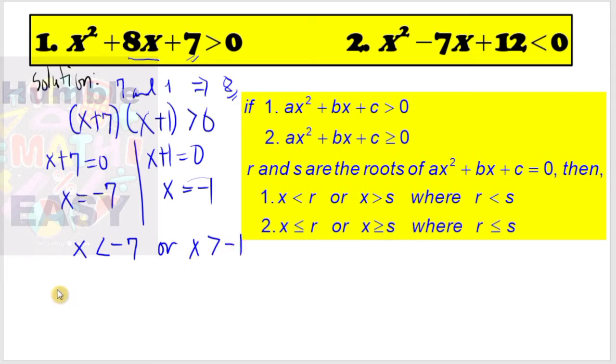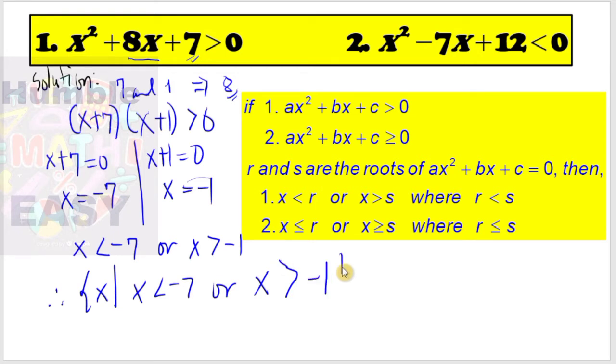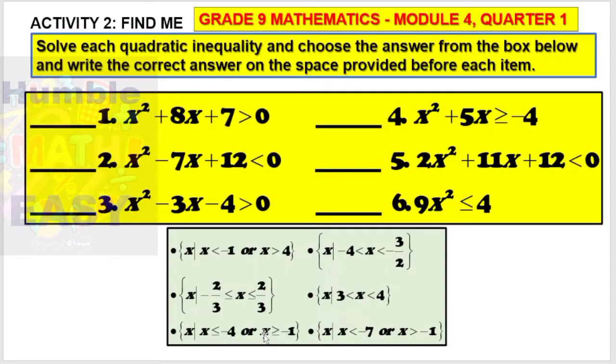So we could say further that this is the set of all x such that x is less than negative 7, or x is greater than negative 1. Looking back to the given problem, this is what we asked for, so we are going to write that one there.